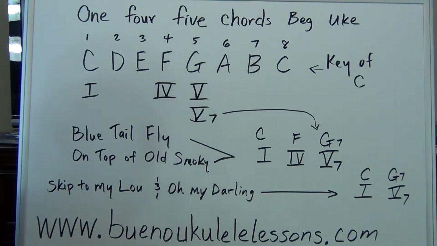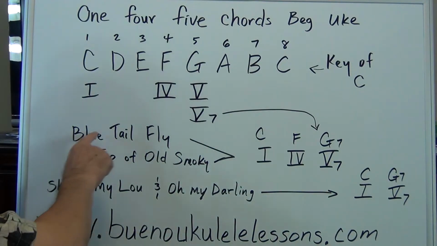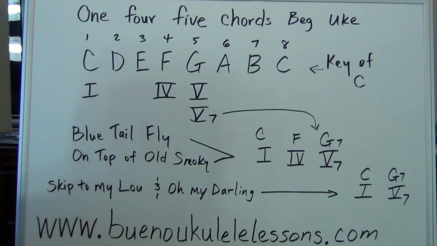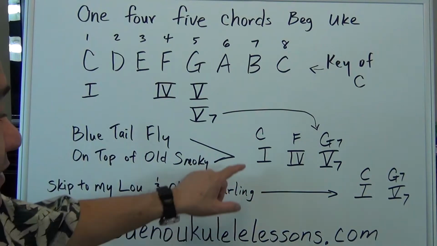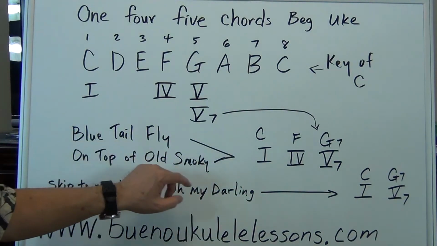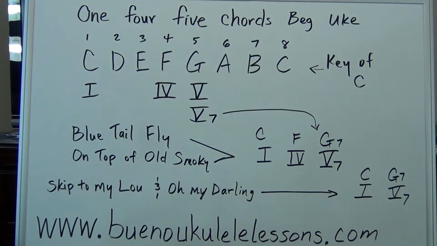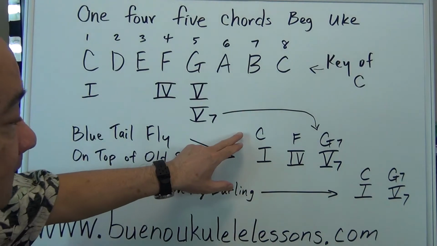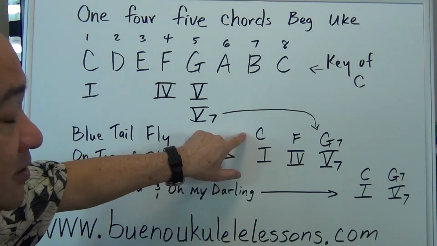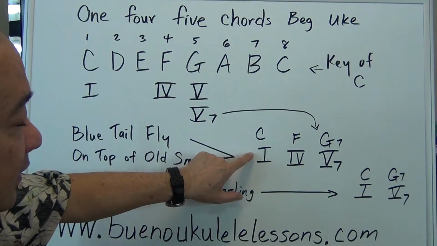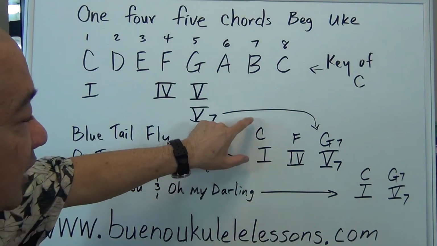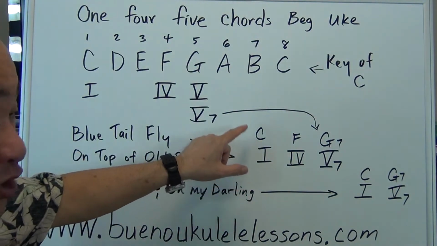Go back to your music book, go to The Blue Tail Fly and On Top of Old Smoky, and every time you see a C chord in these two songs, you're going to write with a pencil, preferably a pencil. If you use a pen, be careful not to make any mistakes. Every time you see a C chord, you're going to put a 1 either on the bottom or on top of the C to signify the 1 chord.